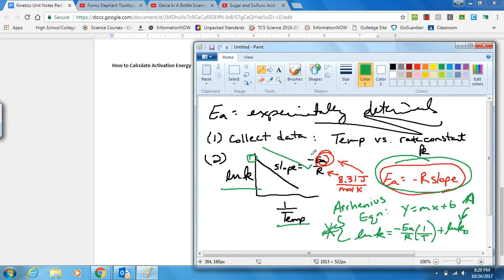My slope is equal to negative activation energy over r. So therefore, activation energy is equal to negative r times the slope of my natural log of k versus 1 over temperature graph. Okay? Very short and sweet. They ask this question every now and then, especially on free response. So make sure you know how to answer it.